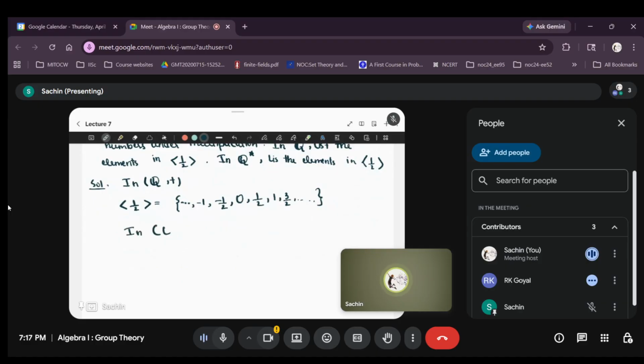But in Q star, the operation is multiplication. So the subgroup generated by half will contain half.